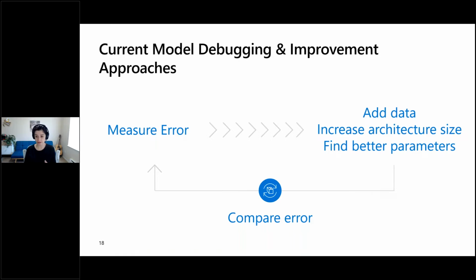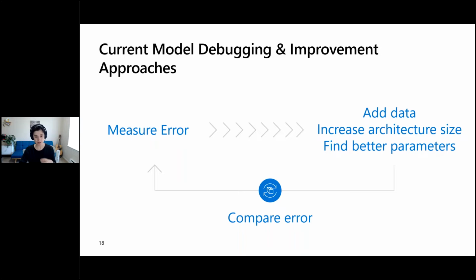And the way we decide whether that error is okay for the application often comes from comparing that error with papers that are already published in academia, if we are matching that type of performance, or if the customer is happy, or if we see that this type of performance is sufficient overall or on average for that particular scenario. And if we're not happy, or if we think that there is room for improvement, there exist 3 different actions that folks may take, such as adding more data, increasing the architecture size, or finding better parameters for that particular architecture and data.